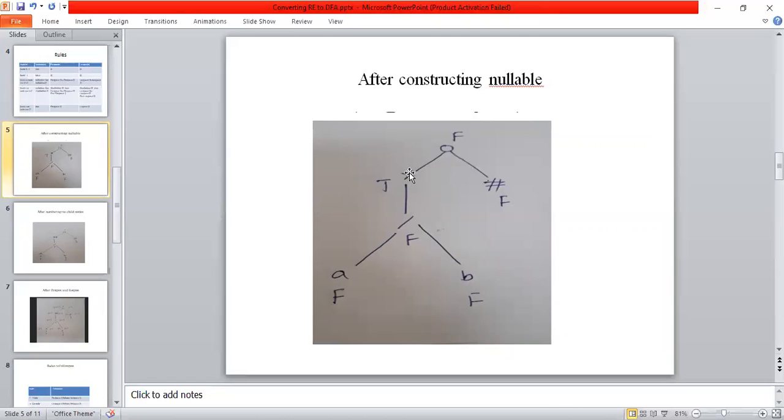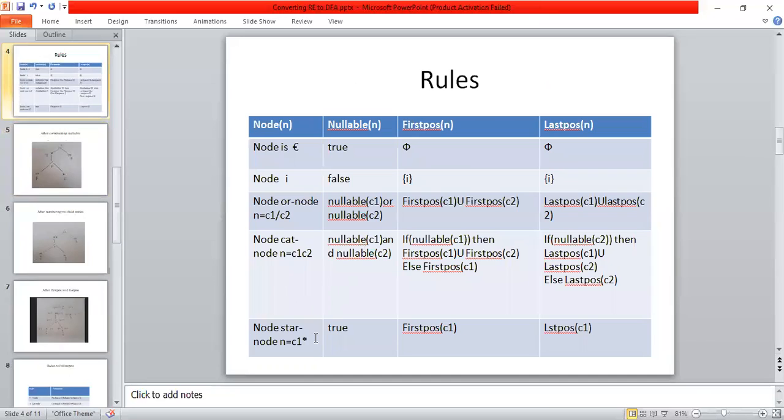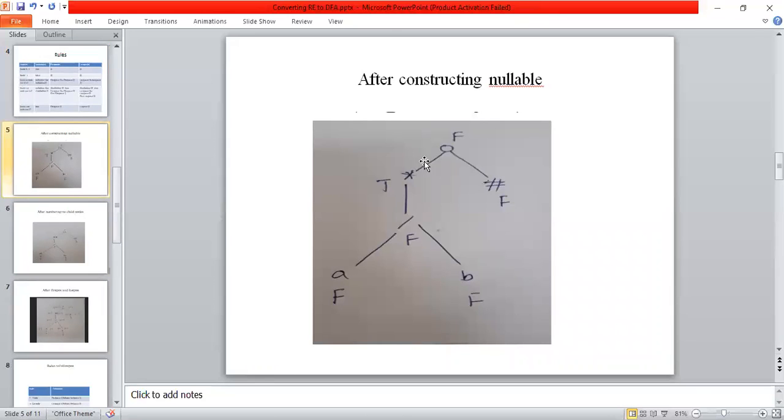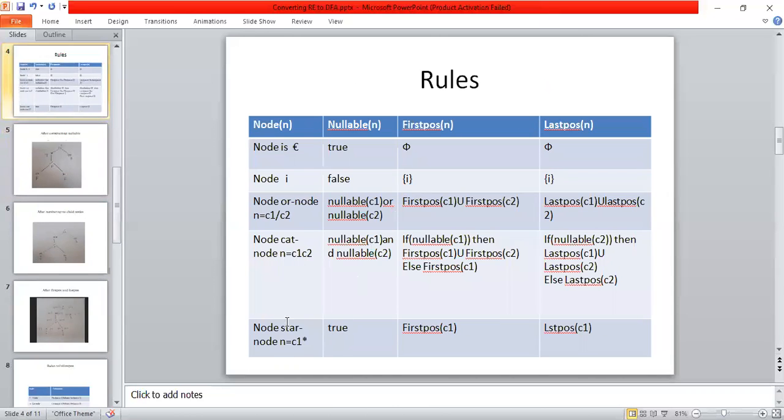And similarly for the star node. What is the formula we have for the star node? We'll check once again. If it is a star node, then its nullable value is true. So directly for the star node, I'm writing its nullable position is true. And similarly, I'm calculating for the cat node. This node is called a cat node. Now, how to calculate nullable position for the cat node?